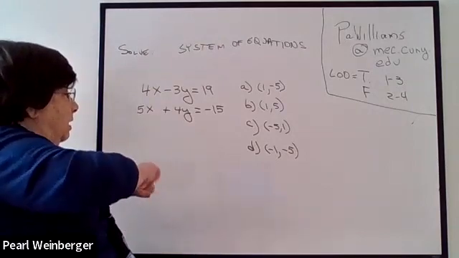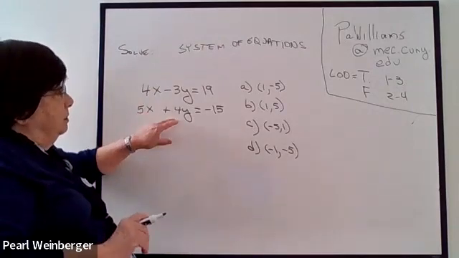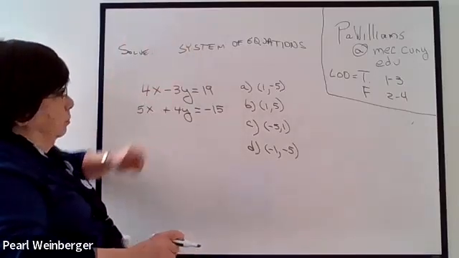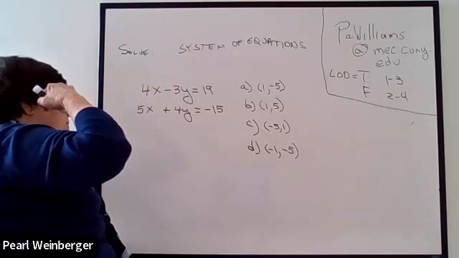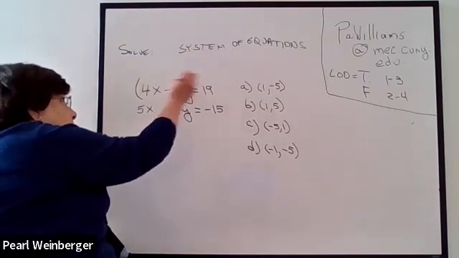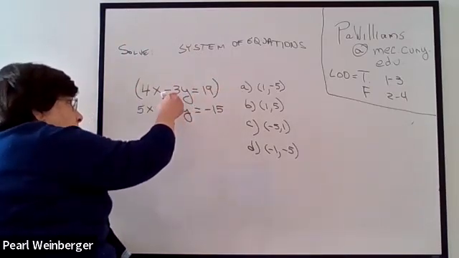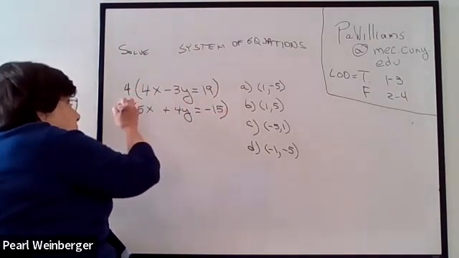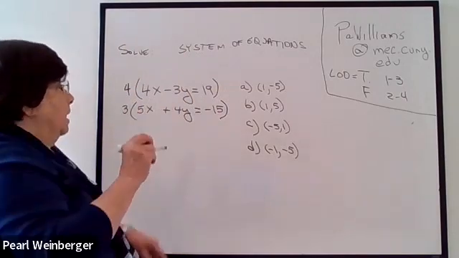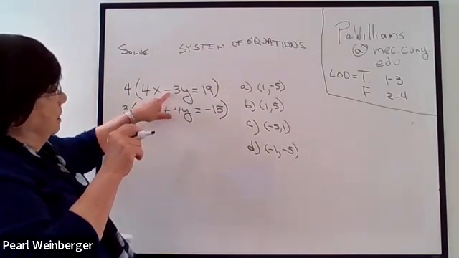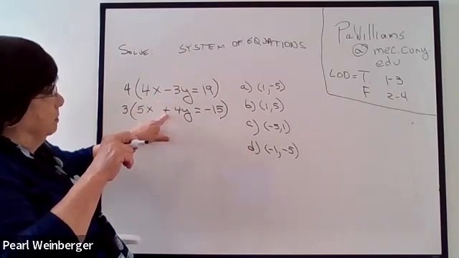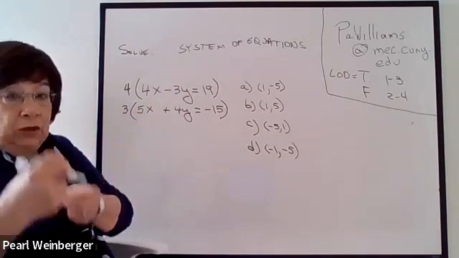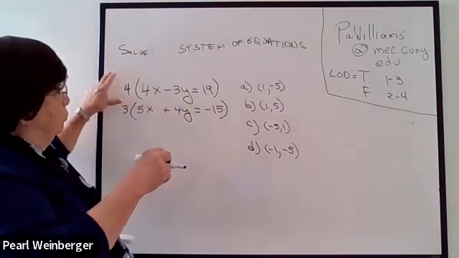Okay. The way I would do it is I would like to get rid of the y's. And if I want to get rid of the y's, I'm going to multiply the top equation by the 4 and the bottom equation by the 3. And since this has a minus sign and this has a plus sign, which is what we wanted, one to be positive and one to be negative, we're not going to do anything with the signs.